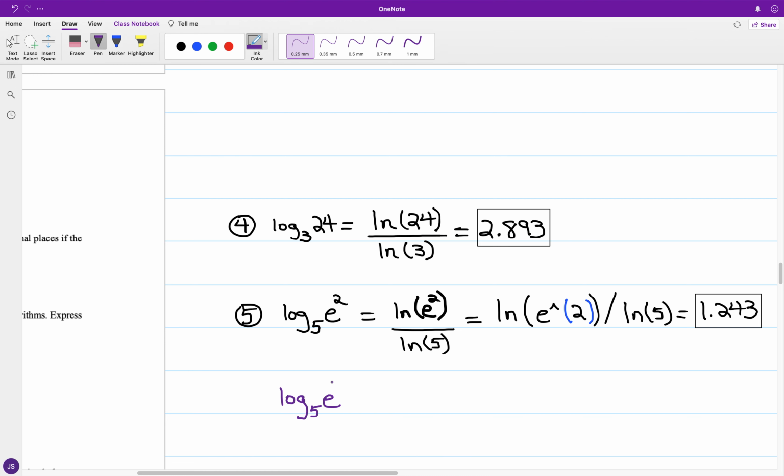So you have the base 5 logarithm of e to the second. You could write this as 2 times the base 5 logarithm of e, and so you have 2 times, and again you can just apply the change of base formula. We have the natural logarithm of e all over the natural logarithm of 5.